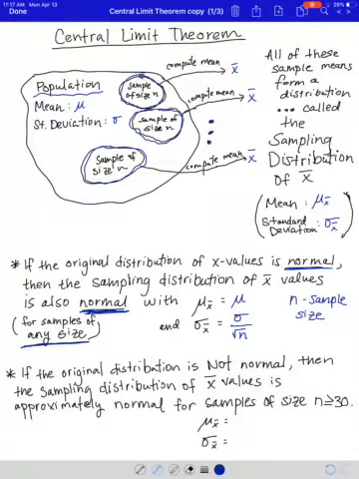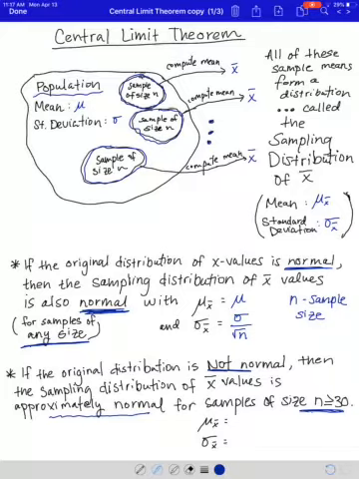Now, if the original distribution is not normal, so this is the second part of our central limit theorem, well, then the sampling distribution of x values is only approximately normal. And the larger the sample size, the more normal it's going to be. And in general, we want our sample size to be at least 30.